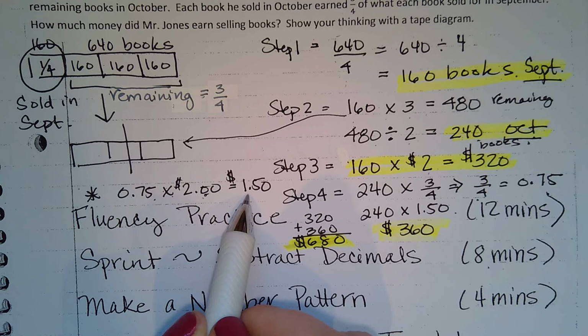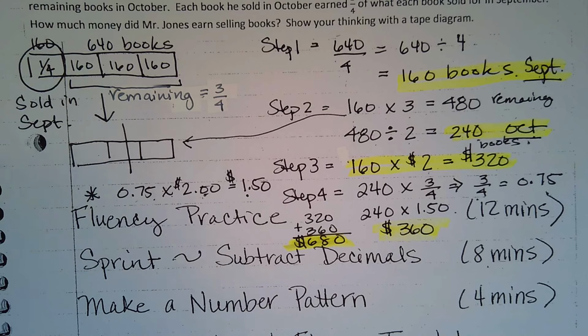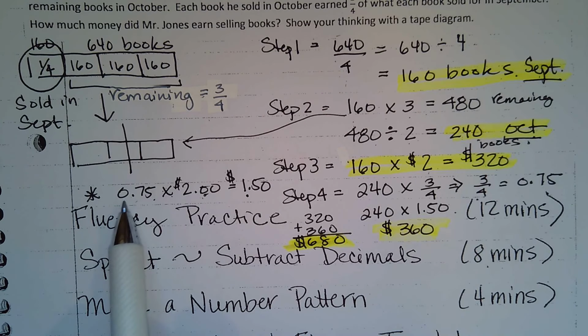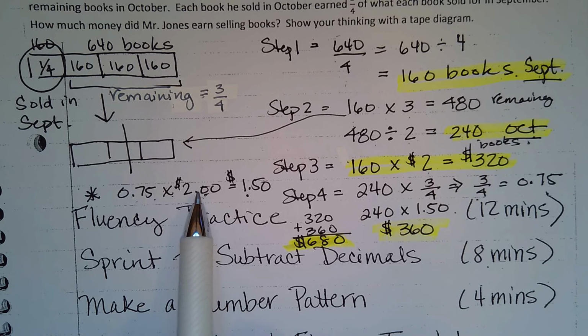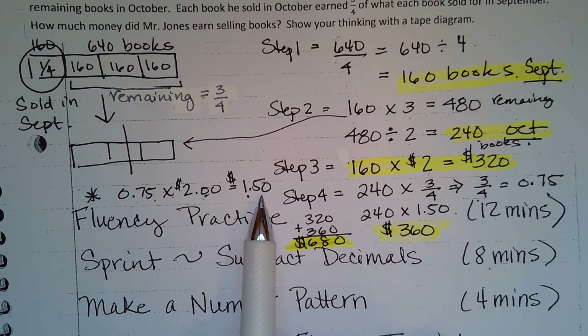And that actually equals $1.50. Now you could have multiplied using the fraction, that would have been fine, but I'm trying to get you to relate back and forth between money and fractions and how to solve that. So we needed to figure out what 3/4 of $2 was. And 3/4 of $2 is $1.50.